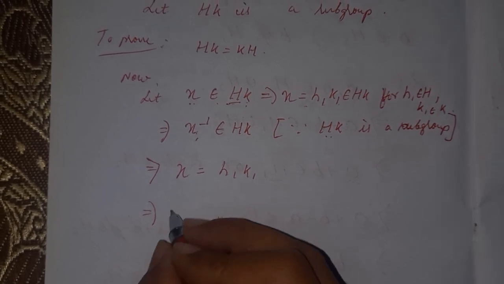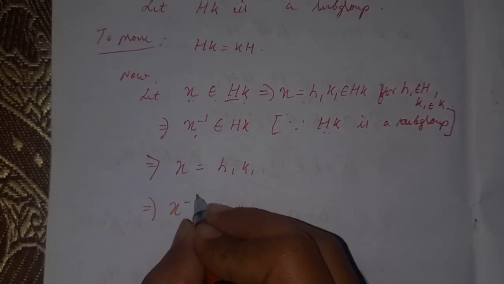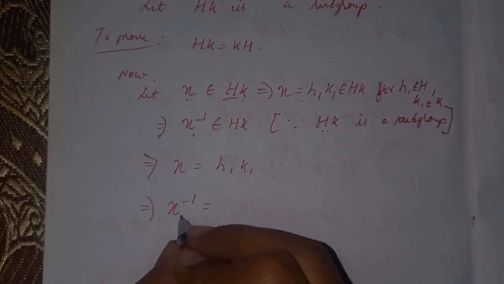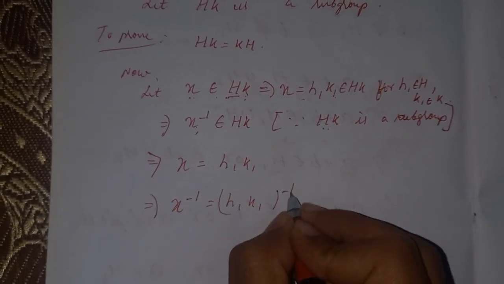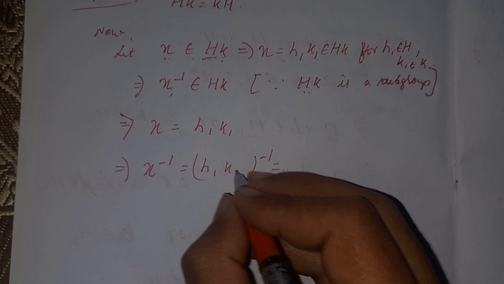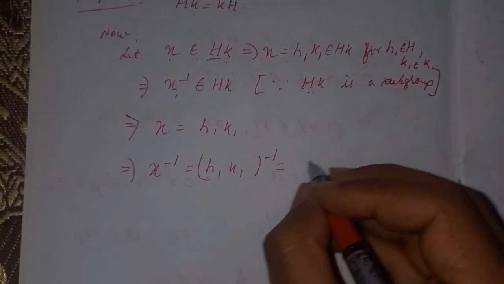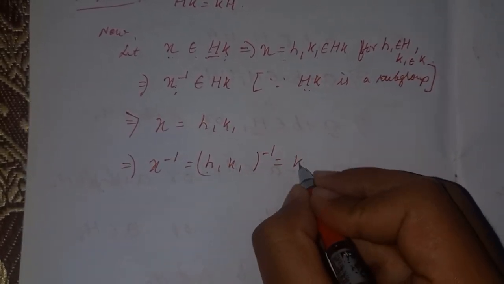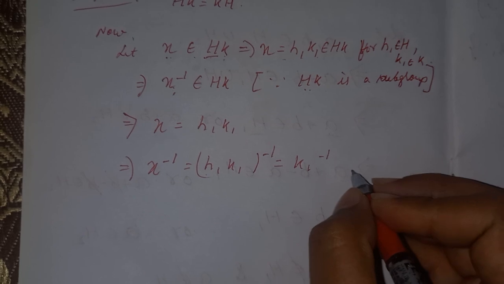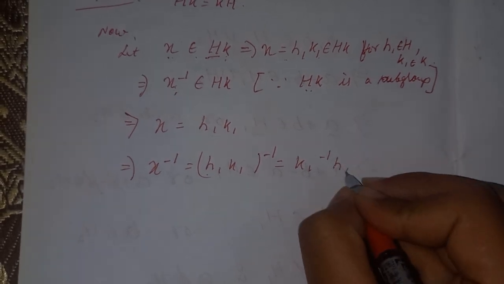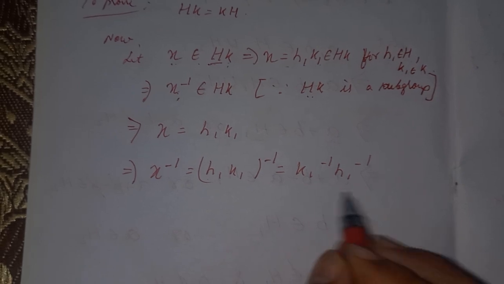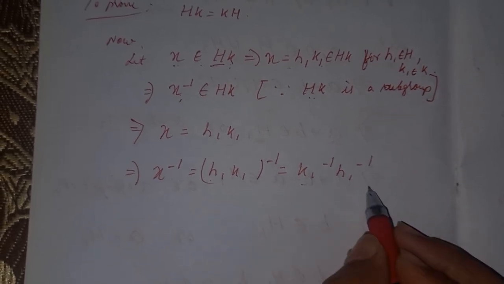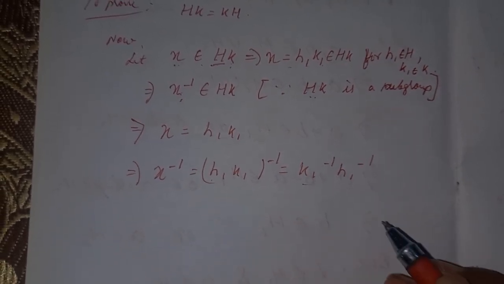So since we know that x is equal to h1 k1, we'll find the inverse element. If we inverse it, it will be (h1 k1) inverse. We also know that it can be written as k1 inverse h1 inverse.